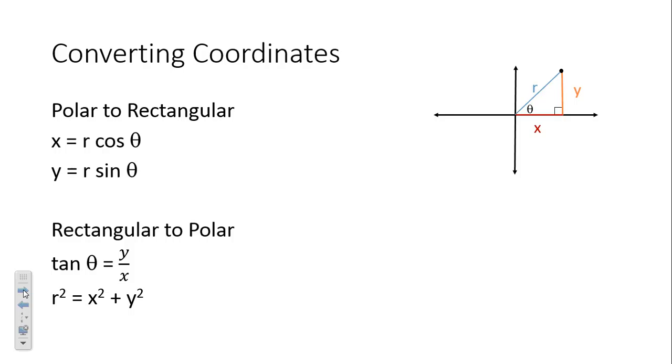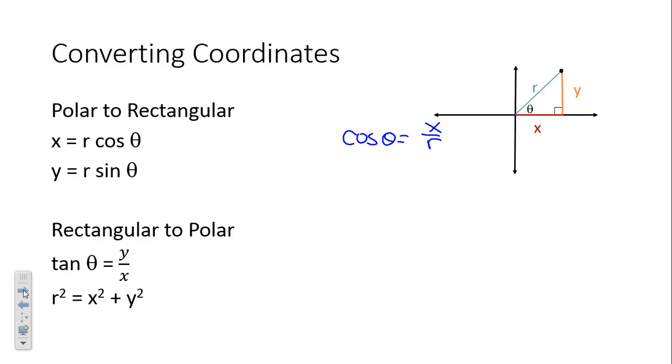Let's think about that. I have a theta and an r. I went clockwise theta degrees, pulled out r units. If I want to know the x value, the x is adjacent, I have the hypotenuse, and I have the angle, so the cosine of theta is equal to adjacent over hypotenuse.